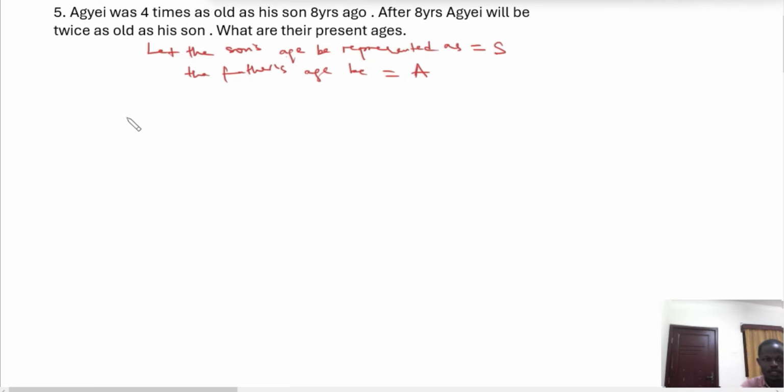The present age we don't know. We have 3 instances in this question: 8 years ago, the present, and 8 years after. So let's try to indicate this.